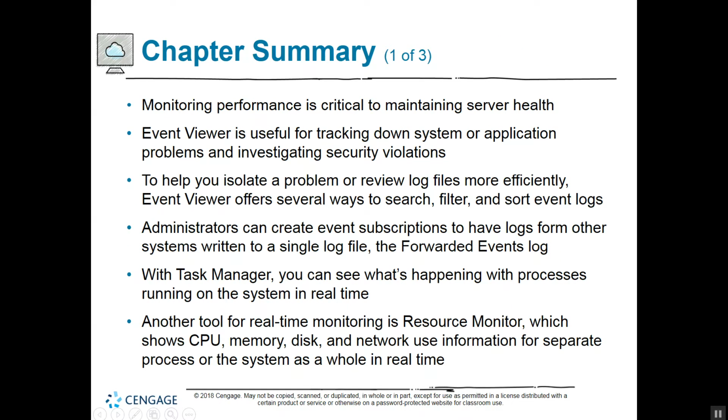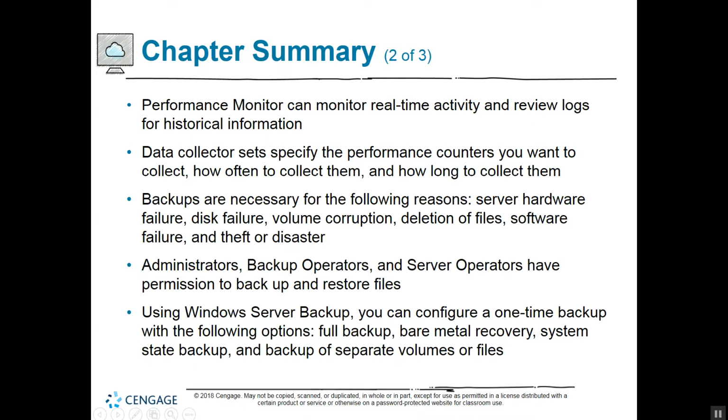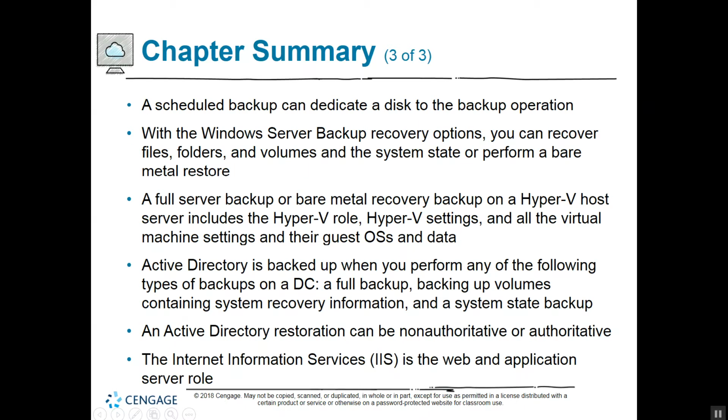Monitoring performance is critical, and we know that with everything that we've done so far. We can't just assume things are going to keep running the way they should because problems come up. We've got a number of tools that we've gone through so that we can back up and restore should an issue come up. So we can schedule a backup to happen when we're not there. We can back up roles.